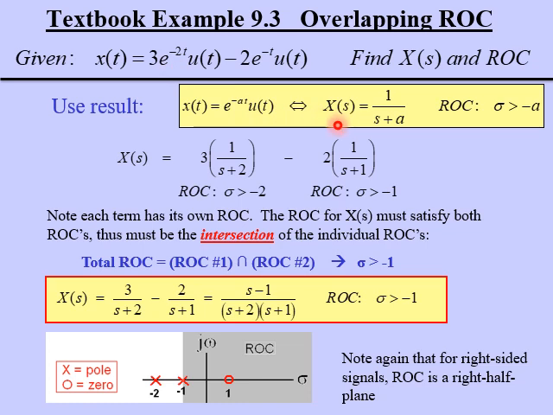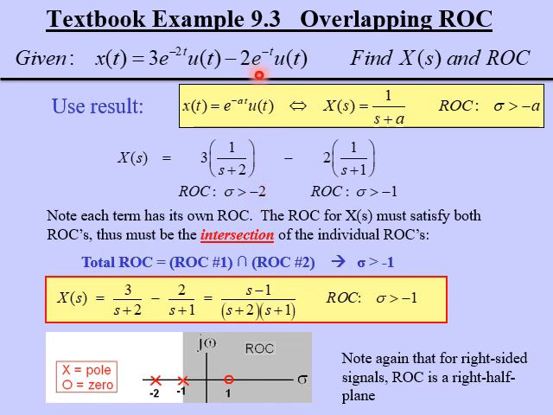So the Laplace transform for the first term, 1 over s plus a, becomes 1 over s plus 2, and we've got the 3 out in front as a coefficient, so we'll put that 3 right here. Likewise, for this first term, the region of convergence, sigma, has to be greater than negative a, and since a is 2, the region of convergence for this first term is sigma greater than negative 2.